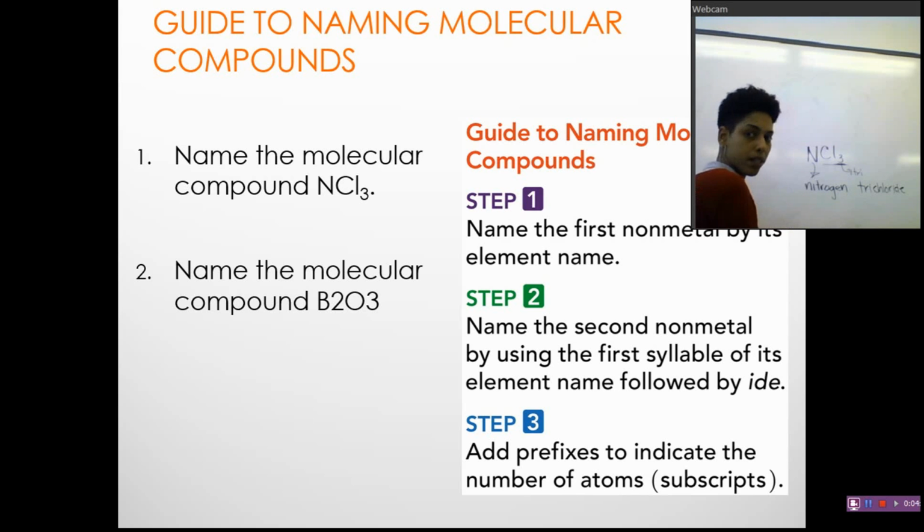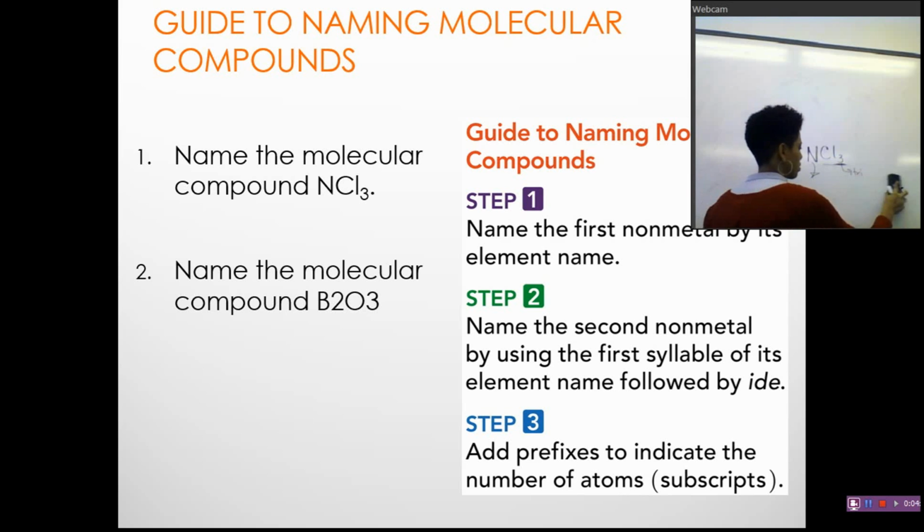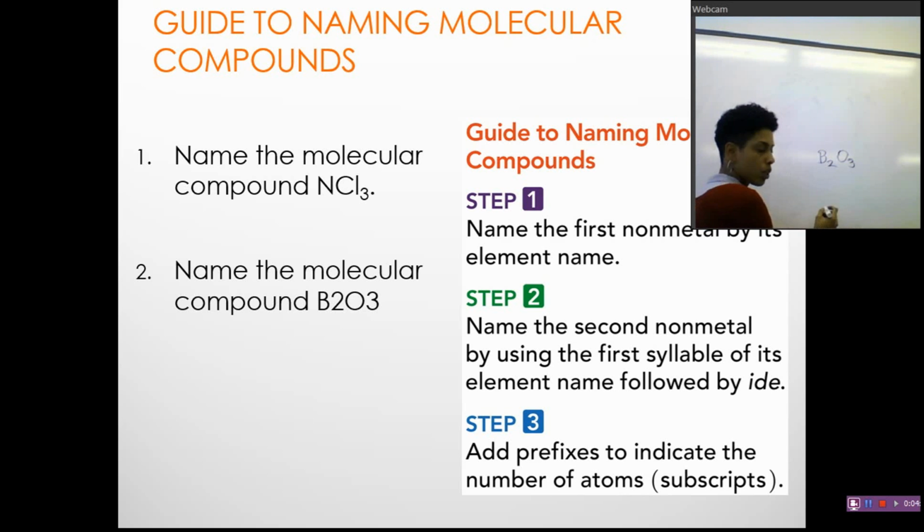Let's take a look at the second one. That should be written as B2O3. First you've got to find what B is on the periodic table. It's boron. And we also know that O is oxygen.